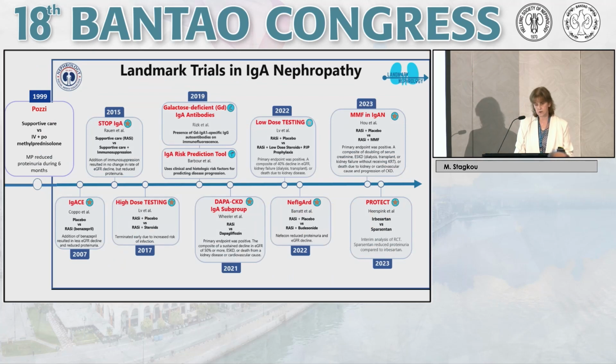What about the steroids? Steroids are extensively studied in IgA nephropathy, starting from 1999, when we had the POSI trial with the POSI regime we all know, IV plus per os steroids in large doses, about a 6-month course. And then we had the STOP-IgA trial, again with immunosuppression.